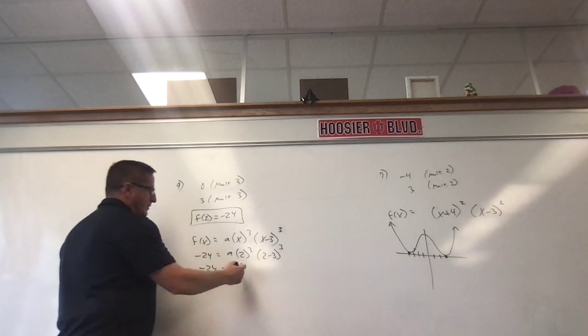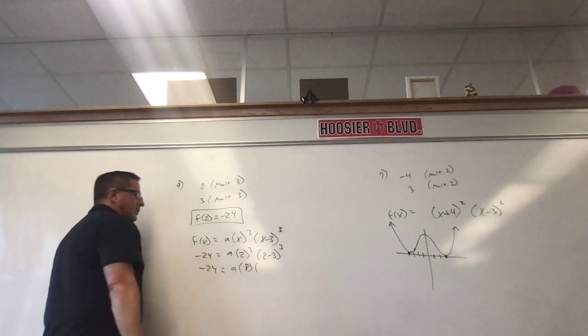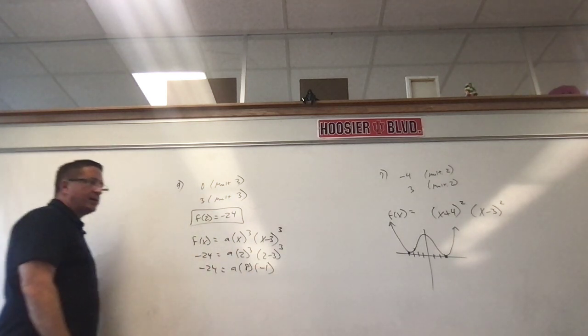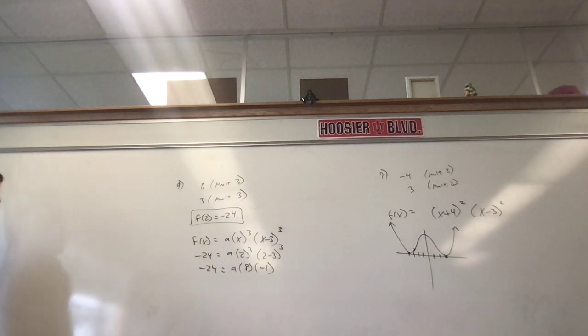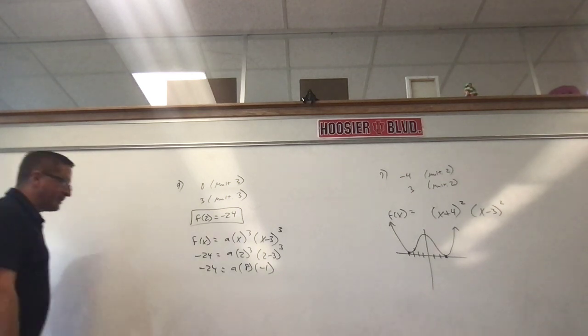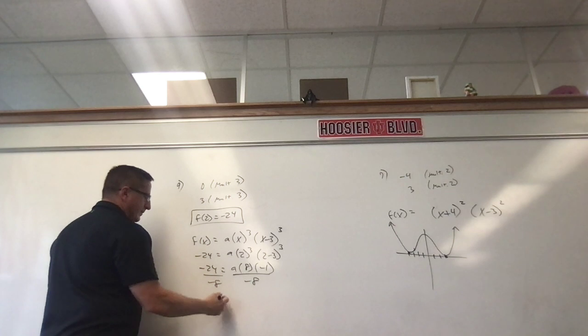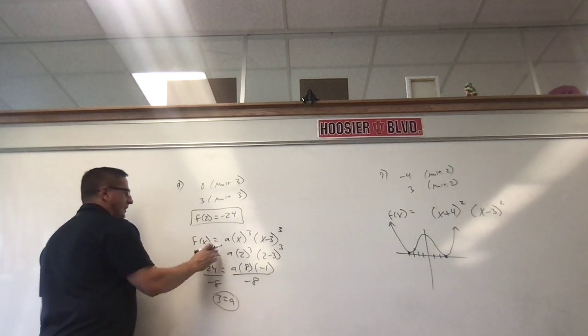It's 2 times 2 times 2, which is 8. 2 minus 3 is negative 1 to the third. Negative 1 times negative 1 times negative 1 is negative 1. 8 times negative 1 is negative 8. Divide negative 8, divide negative 8. A is 3.